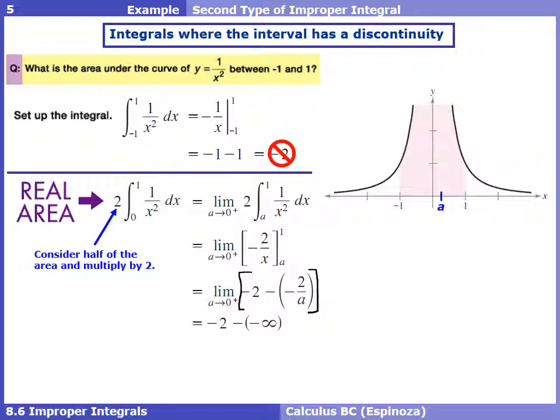Well, you'll notice the negative 2 isn't affected by this limit since there is no a with it. What you're going to have to recall from our first days doing limits, back in chapter 1, is that when we divide by 0, we're essentially saying infinity. It's not really equal to infinity, but it's the idea of infinity.